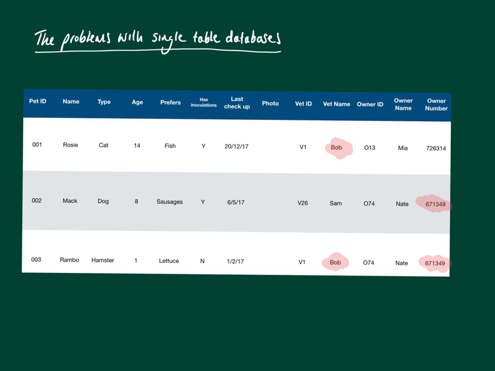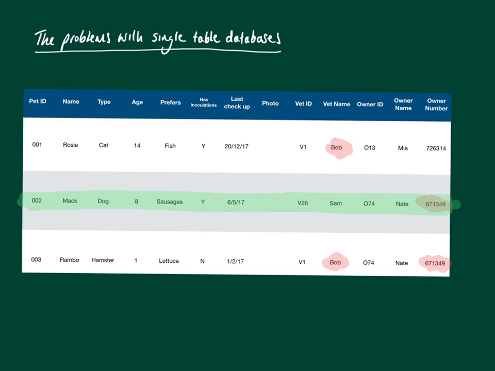Another consideration is, what if the vet leaves? So if we've got information in our database and the vet Sam moves on to another practice, we can delete Sam from the database. But if it's in a single table, that also means deleting everything about that pet and the owner from the records.